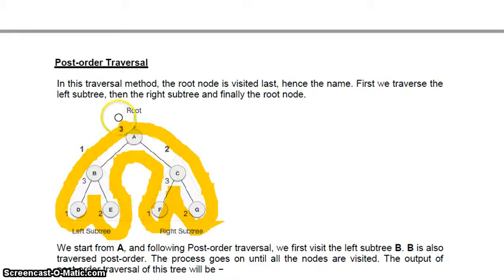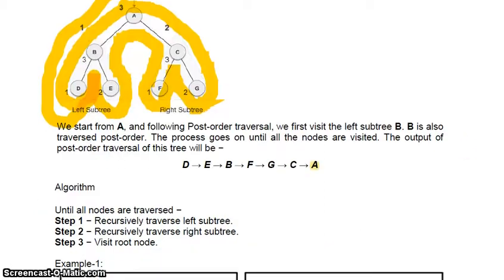So again start from the root. Which nodes come to the right side of this line? First, that is D. Then go here like this. Then next at the right side is E. Then next comes B.